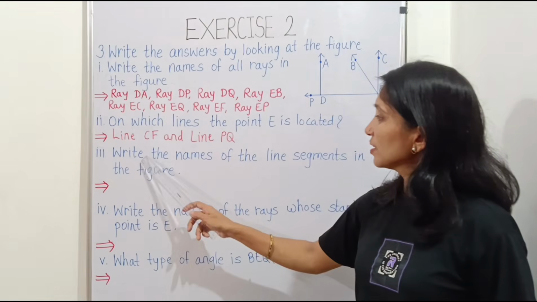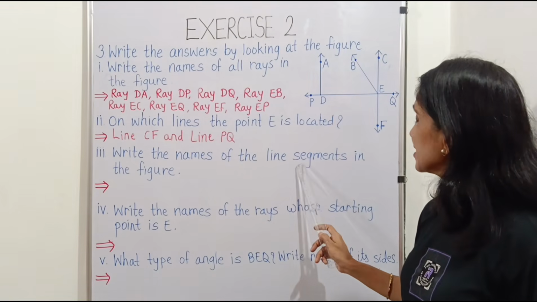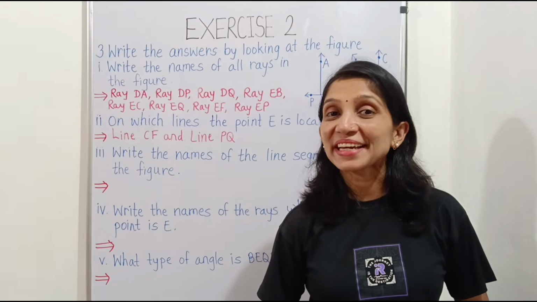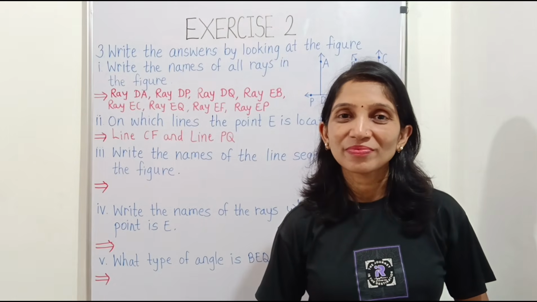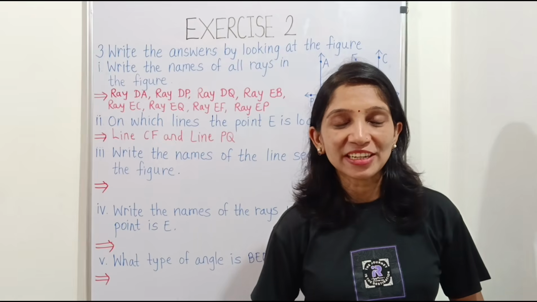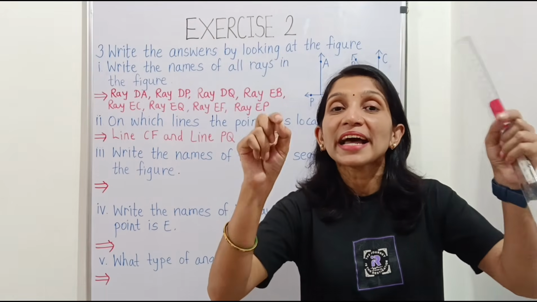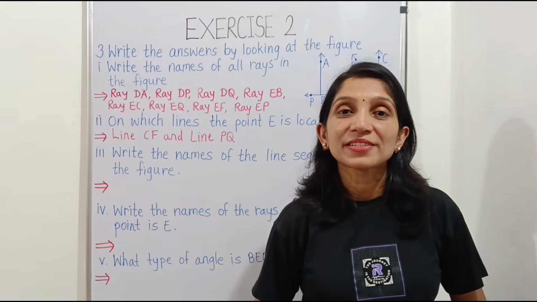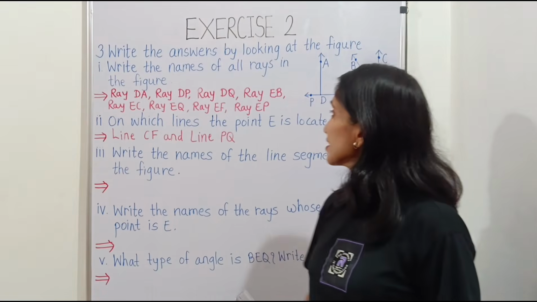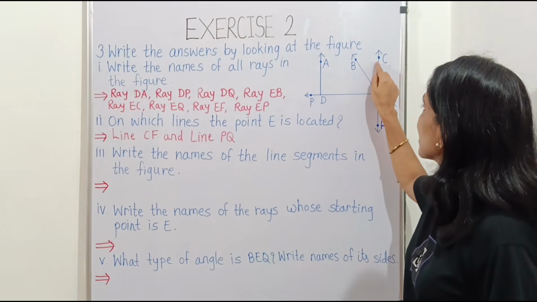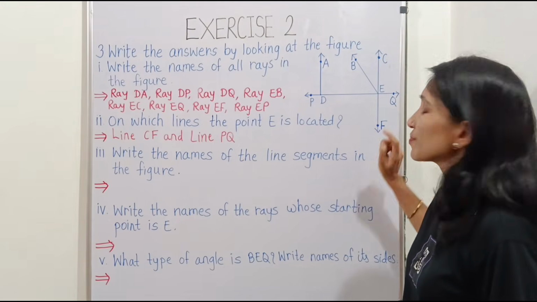Next, write the names of the line segments in the figure. Line segment has exact measure. It does not extend in both the directions. That's why it does not have arrows. It has end points. So let's see. These are the end points.